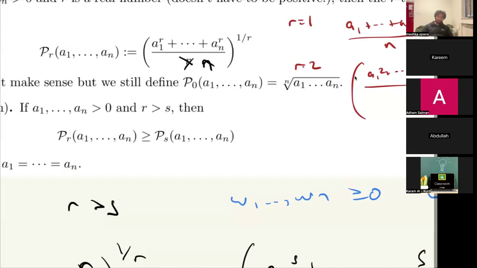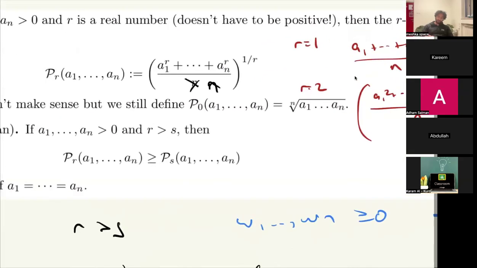The other reason you know it should be N is because think about the equality case. If I plug in all of them equal, A1 equals A2 equals AN, if all my numbers are equal, no matter which mean I take, it should just be that number.